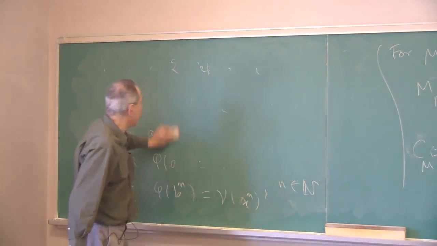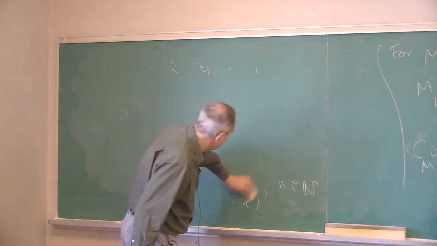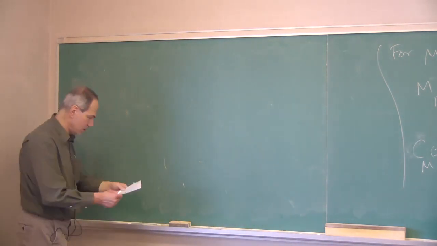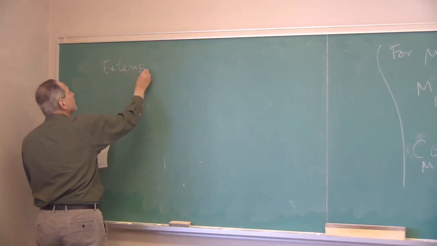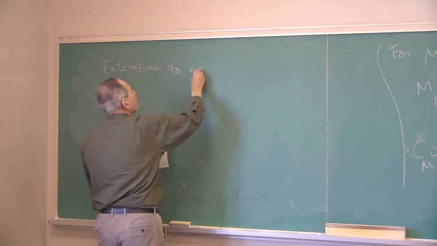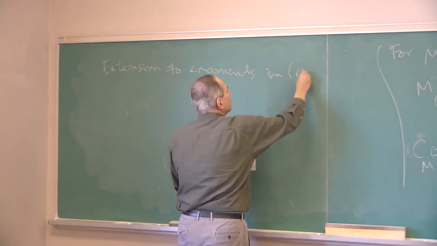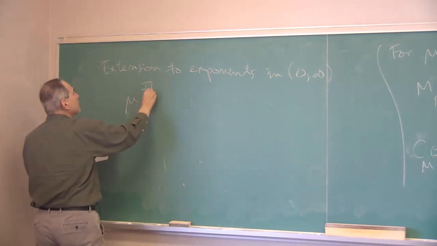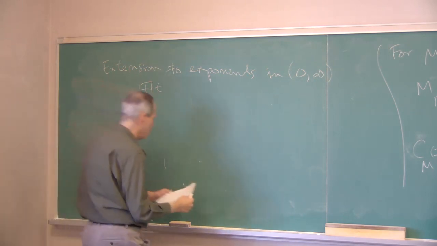But n doesn't have to be an integer, so you can define convolution powers of real exponent: an extension to exponents in (0, infinity), say. You define the convolution power t.